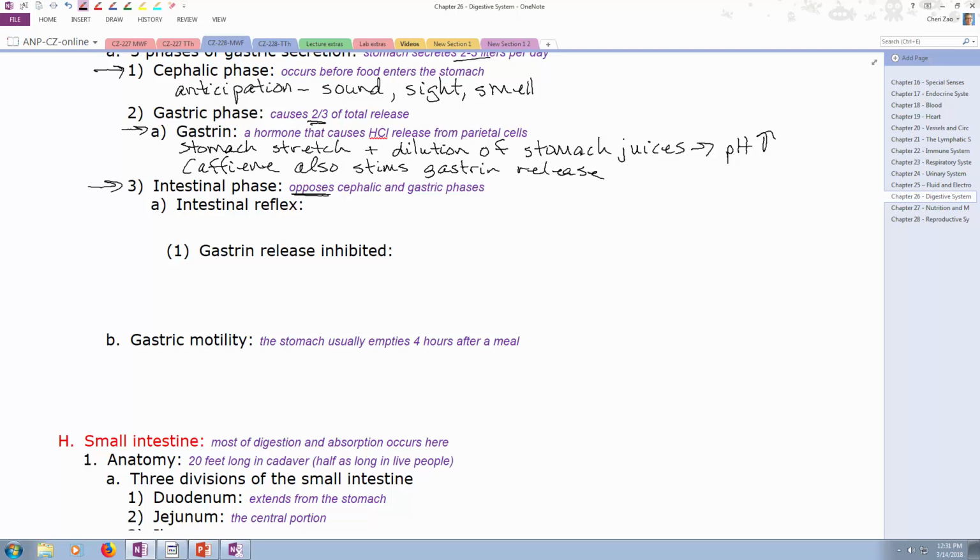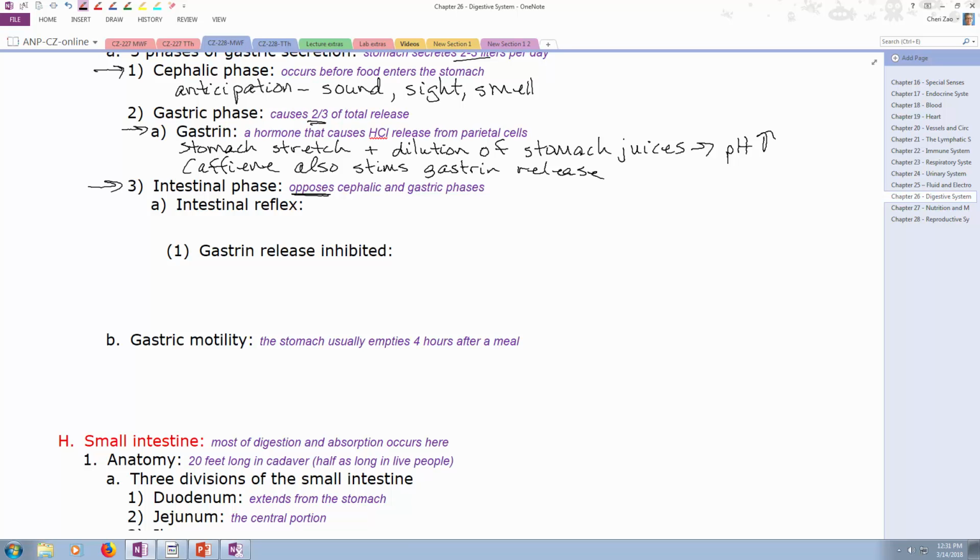We need columnar cells with little microvilli on their surface. So when we dump acidic chyme into the small intestine, we do it in very small amounts. It only gets a 3 cc squirt of acidic chyme with each little peristaltic contraction wave of the stomach that allows it into the first part of the small intestine, or duodenum.